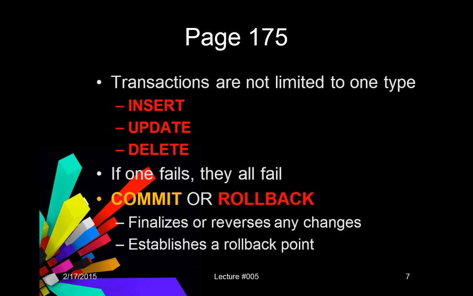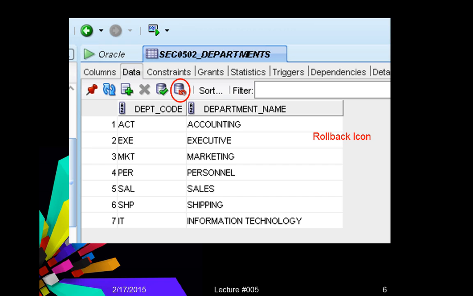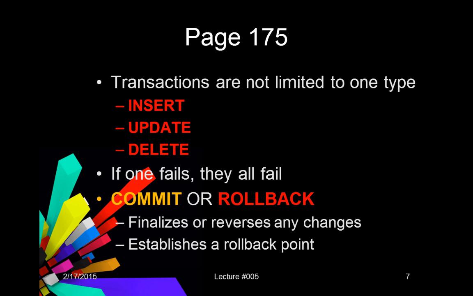We can also use rollback, and rollback is what happens when we use this rollback icon and eliminate the legal department. It takes away anything that has not been committed. And that's an actual command that we can use, rollback. So we can do that again by an icon if it's available to us, or we can actually put the command in.